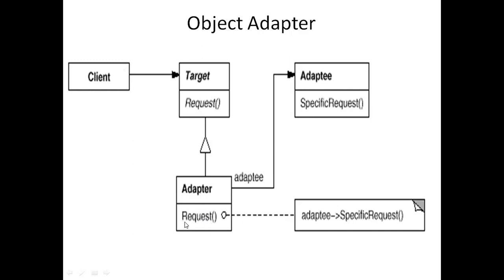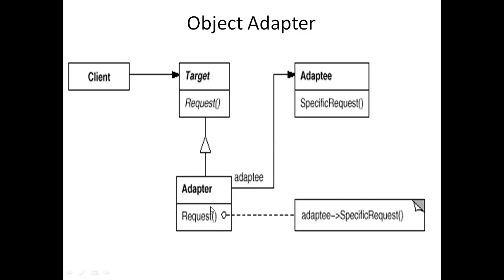Adapter is the concrete class which is derived from my target here. So client is using the request as the interface which is not changed, but internally request is creating an object of adoptee which will be calling specific request in the implementation or definition of request. So it is using adoptee object and its method in the interface definition of that method.